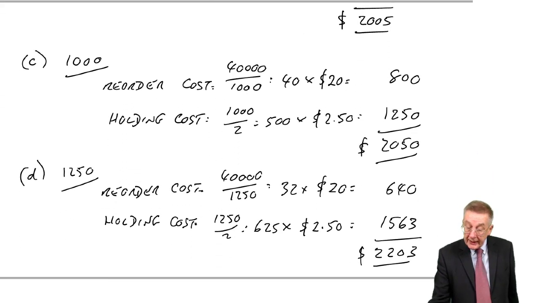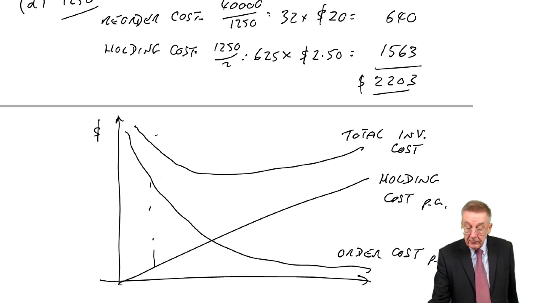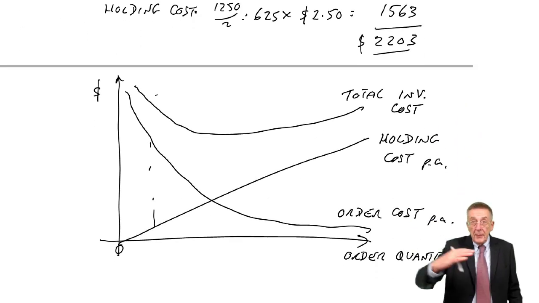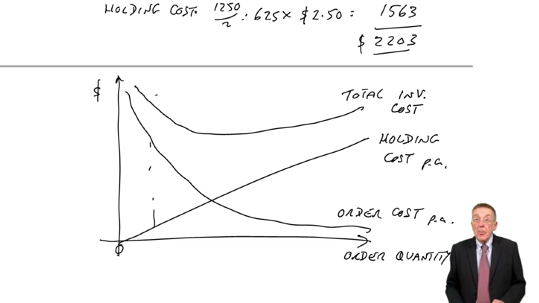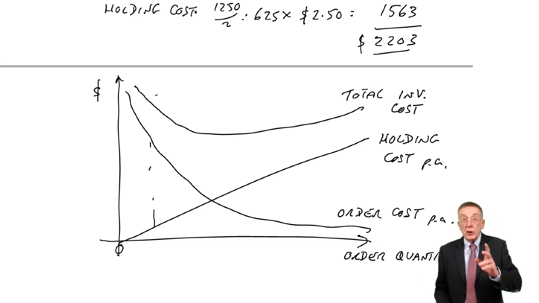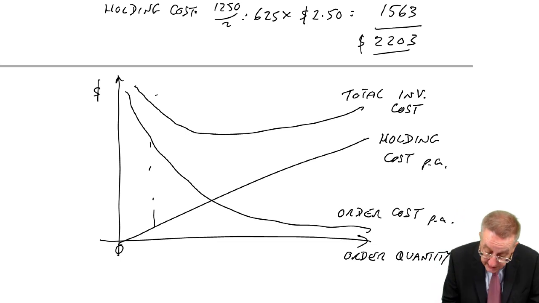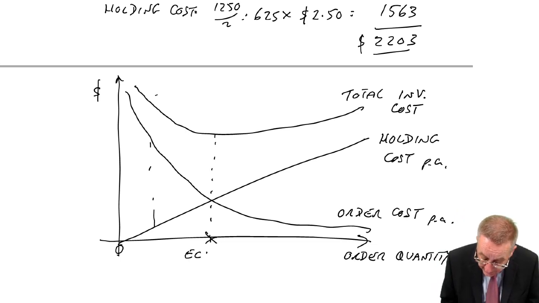Changed to 1,000 and it went up. 1250 it went up even more. It will be a curve. And of course what we want to do is find which order quantity gives the minimum total cost. We call that the economic order quantity.